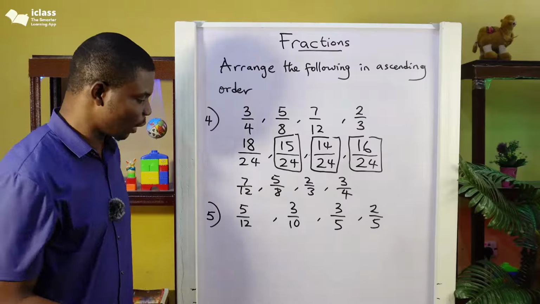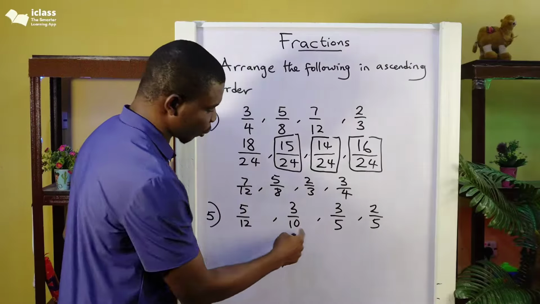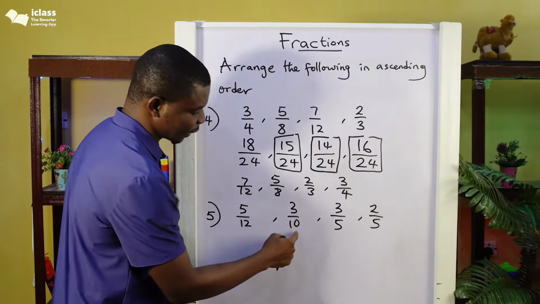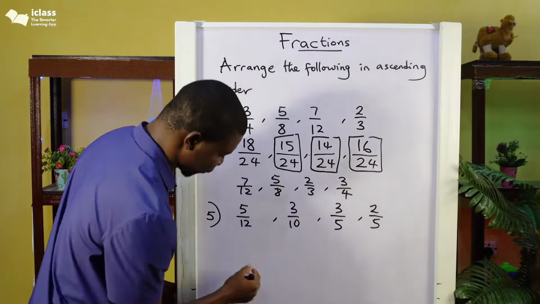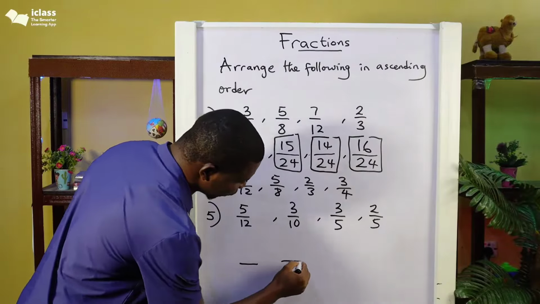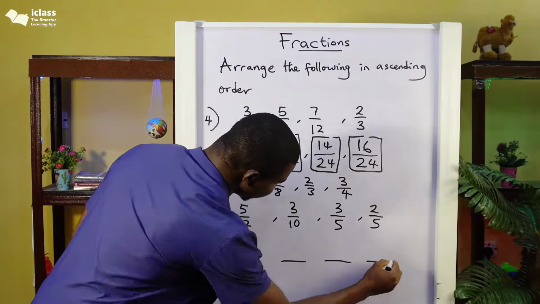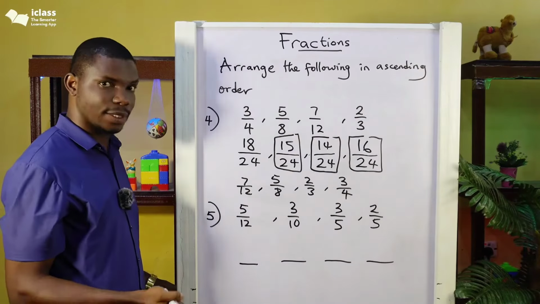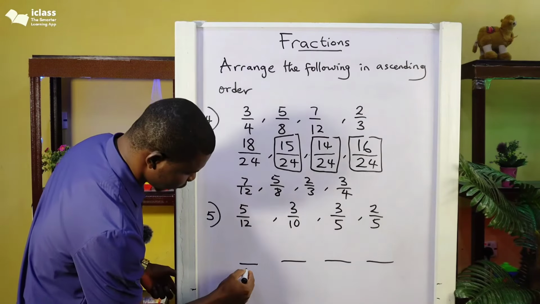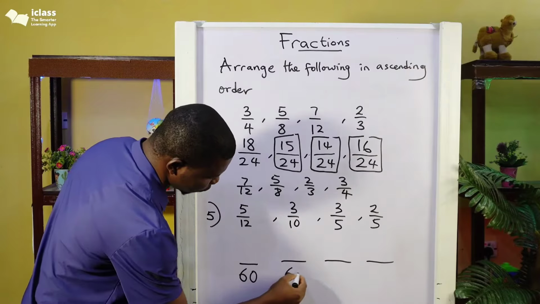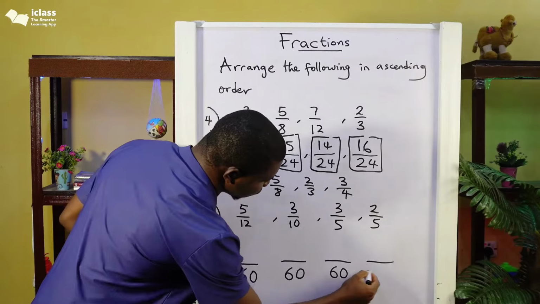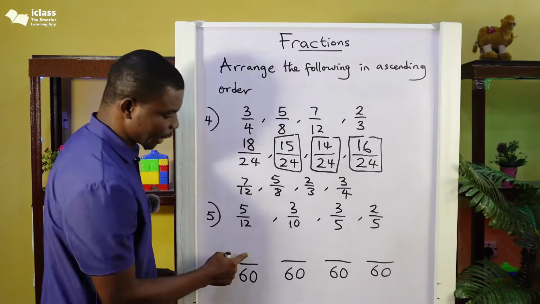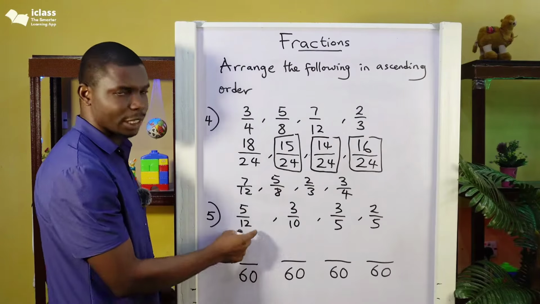Same thing we are going to do here. We are going to look for the LCM of 12, 10, and 5. What's the LCM of 12, 10, and 5? That would be 60, right? So to get the numerator, we are going to say 60 divided by 12.